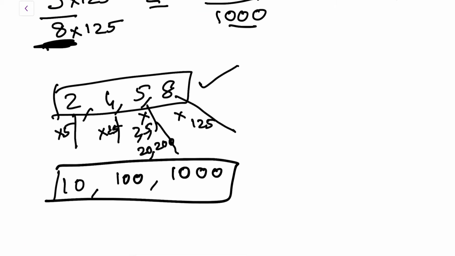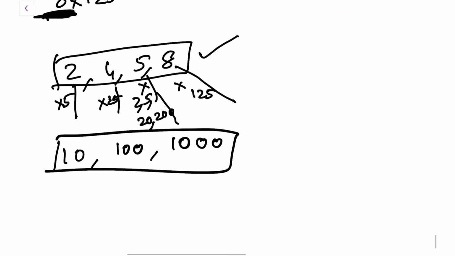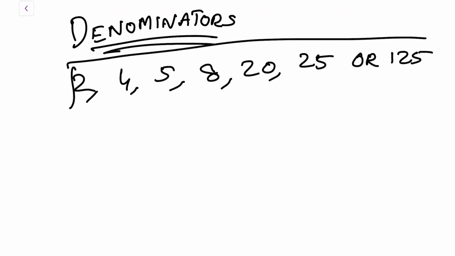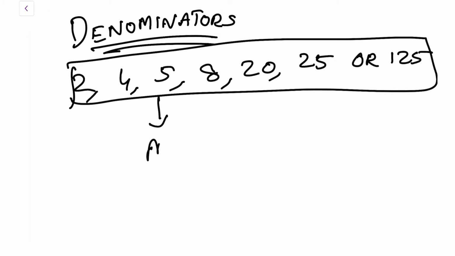But if the denominator is something different, then we will have to look at another method. Now there are other denominators also which can use this method. If the denominator is 20 or 25 or 125, all right. So I'm going to write down: if the denominators are 2, 4, 5, 8, 20, 25 or 125, you can use method 1.